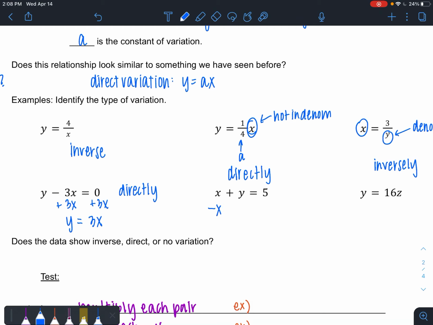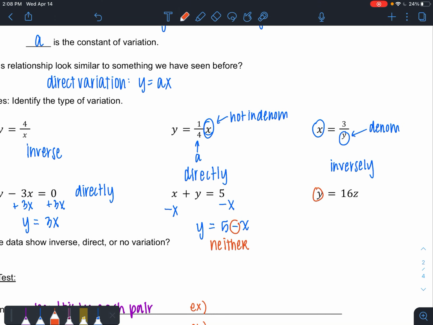For this one, we'll subtract x from both sides, so y is equal to 5 minus x. Because of this subtraction, this is going to be neither, actually. It's not going to be either one. And finally for this one, y and z vary directly because of that multiplication there.